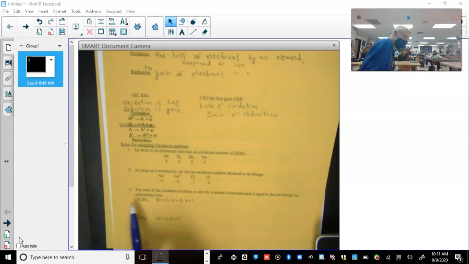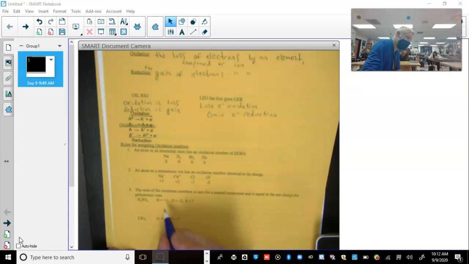Number 3, the sum of the oxidation numbers is 0 for a neutral compound and is equal to the net charge for polyatomic ions. So H2SO4, net charge is 0, so the sum of the oxidation states should be 0.